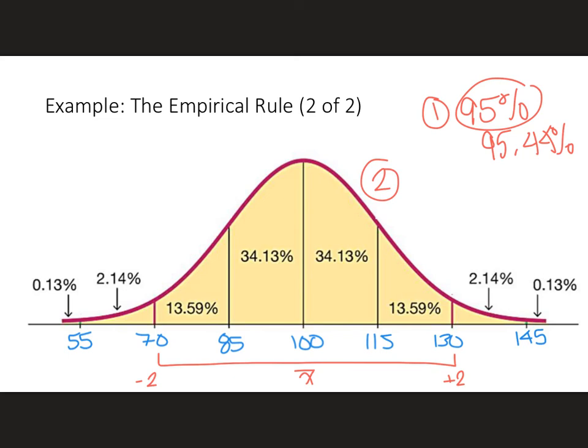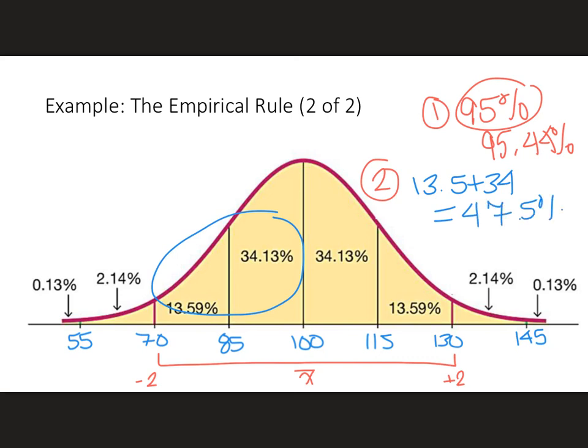So now we're just looking at this one part between 70 and 100. So you can add up your 13.5 plus 34, and you should get 47.5%. Okay, if you use the exact values given, you get 47.72%.